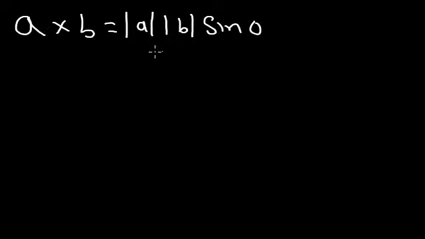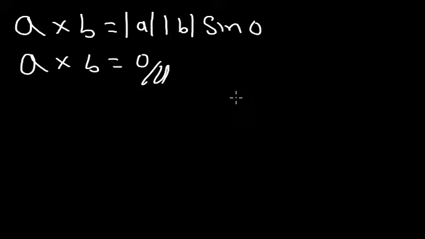But the sine of 0 is indeed equal to 0, and that 0 will affect the whole term at the right hand side here. So you want to keep in mind when you have a problem that involves two vectors to be parallel to each other, if you are to do anything about cross product, know that their cross product will end up being zero.